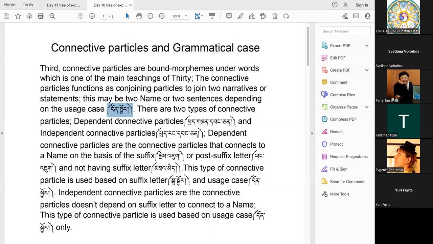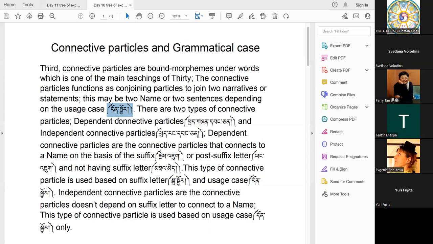Wang means something that has taken influence over, which has the leverage in this case. So these particles depend on other. When we say other, we're talking about circumstances which are arising from words or names which are not the connective particle itself or the usage case. So dependent on what?